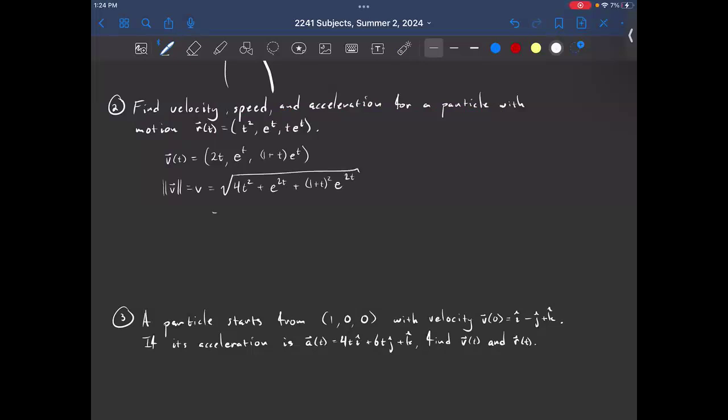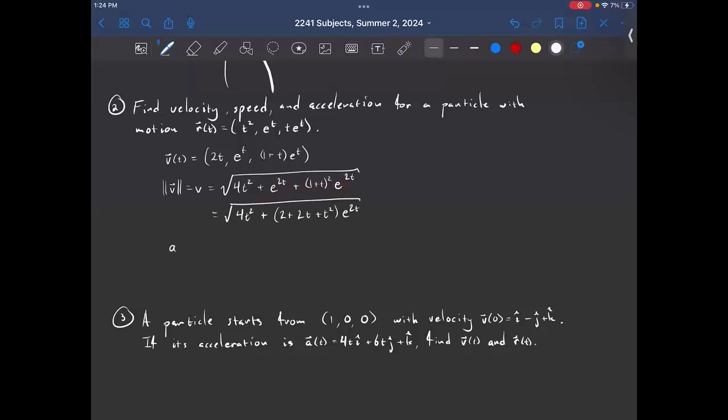Okay, and then we can simplify this a little bit. 4t squared plus (1 + 2t + t squared) e to the 2t. I just combined these two terms right here. And there's our speed.